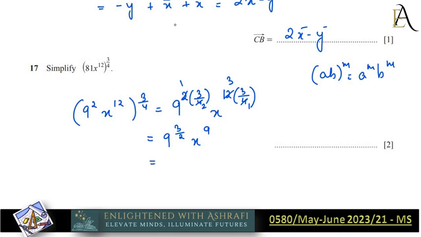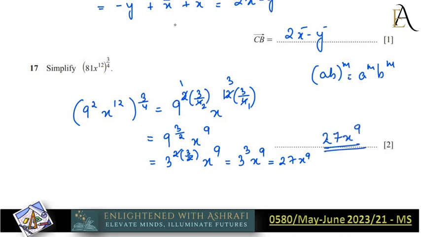Now we can see here 9 is 3 squared, so 3 squared raised to 3 upon 2, x raised to 9. The power 2 and the denominator 2 cancel off. So we get 3 cubed x raised to 9, which can be written as 27 x raised to 9. So our final answer is 27 x raised to 9.